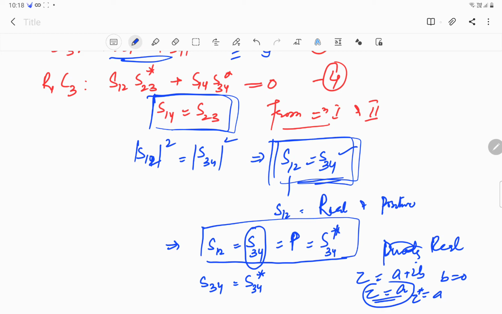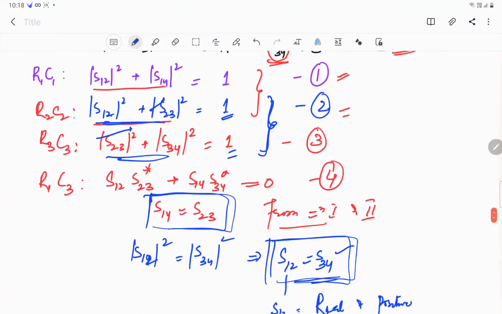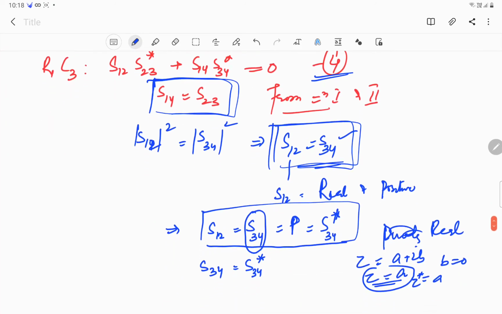Now if we look from equation 4, let me rewrite equation 4: s12 s23 conjugate plus s14 s34 conjugate is 0. Now we are saying that s12 is same as s34 conjugate is p.